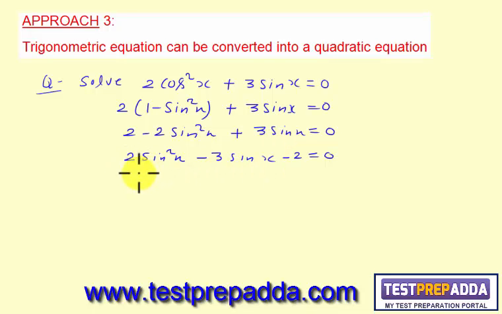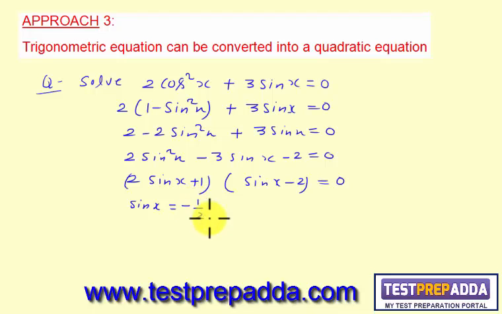On factorizing this, I can write (2 sin x plus 1) into (sin x minus 2) equal to 0. So either sin x is equal to minus half or sin x is equal to 2.